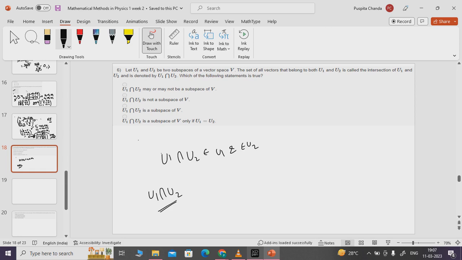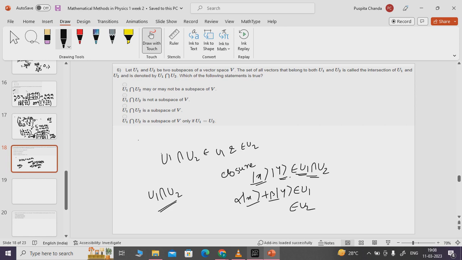If x and y belong to U1 intersection U2, then alpha x plus beta y, by the closure property, will belong to U1 and similarly U2, so we can write that it belongs to U1 intersection U2.